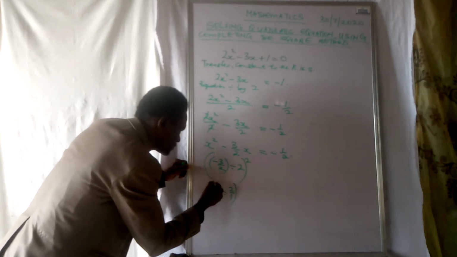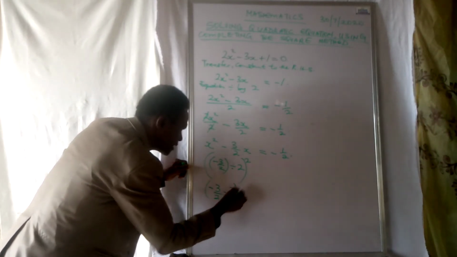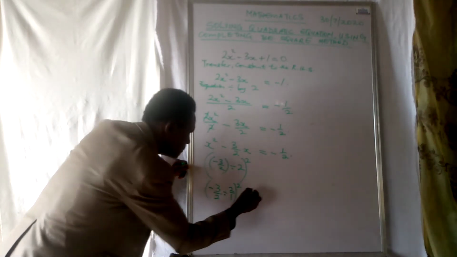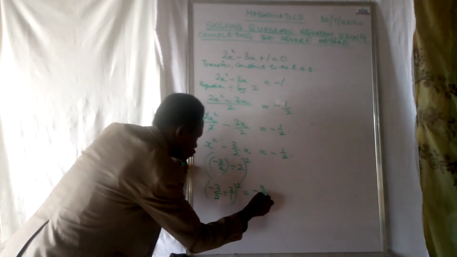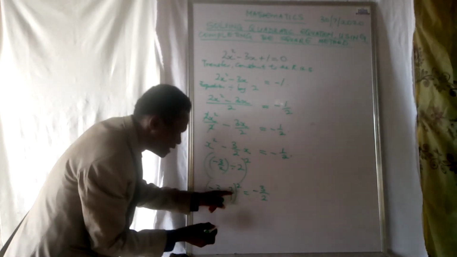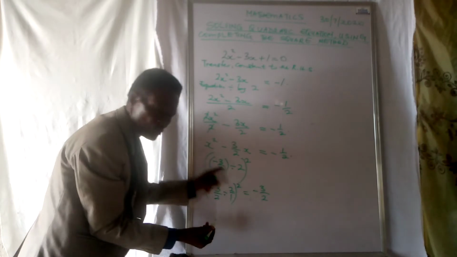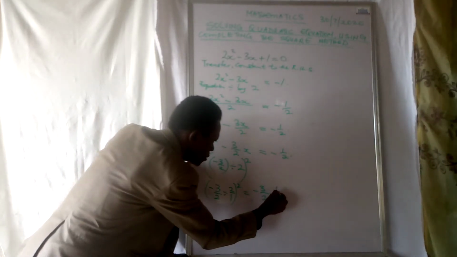Then we square it. Now this becomes minus 3 over 2 divided by 2, that means times, you turn the fraction, 1 over 2.